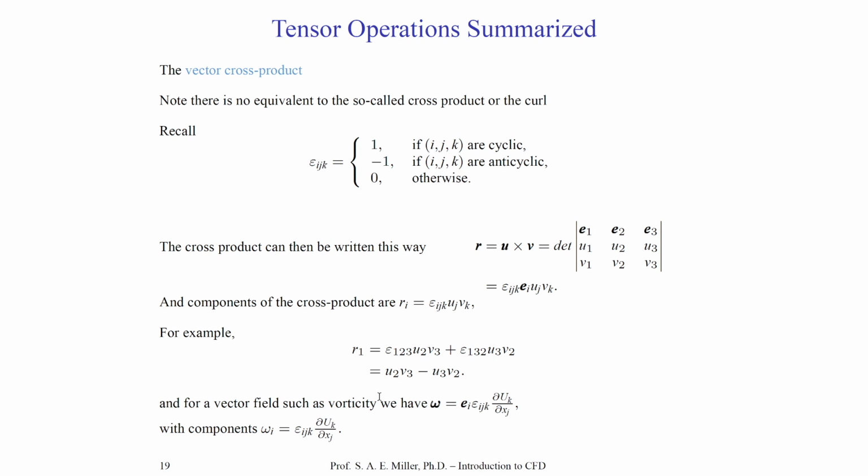For a vector field such as vorticity, which often appears in fluid dynamics, I've talked about in the visualization part of our class previously, and we'll look at derived quantities later on in the class on our visualization module. We'll write simply omega for the vorticity might be the component e sub I, so we would choose I equals 1, 2, or 3 for each component of vorticity omega of the permutation tensor epsilon ijk of partial uk, which is a velocity component partial xj.